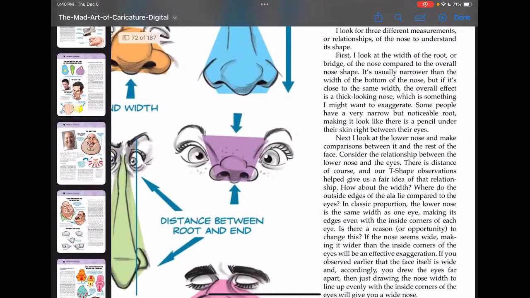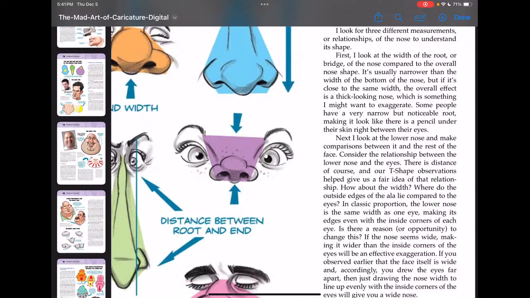Okay. Next, I look at the lower nose and make comparisons between it and the rest of the face. Consider the relationship between the lower nose and the eyes. There is distance, of course, and our T-shaped observations help give us a fair idea of the relationship. How about the width? Where do the outside edges of the ala compare to the eyes? In classic proportion, the lower nose is the same width as one eye, making its edges even with the inside corners of each eye.